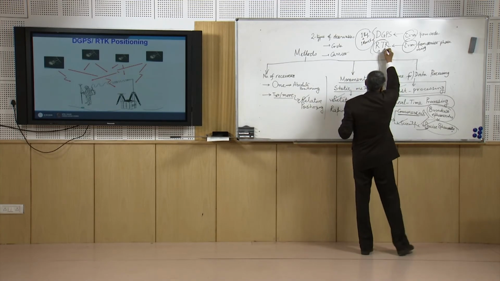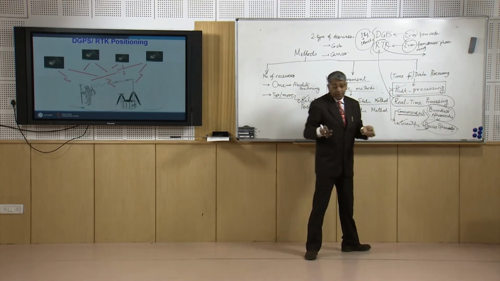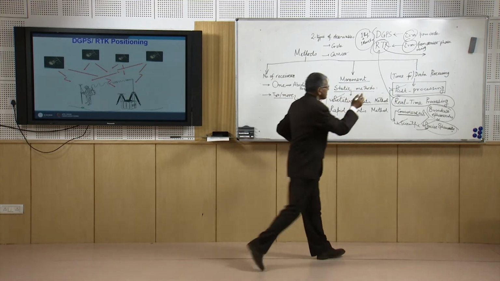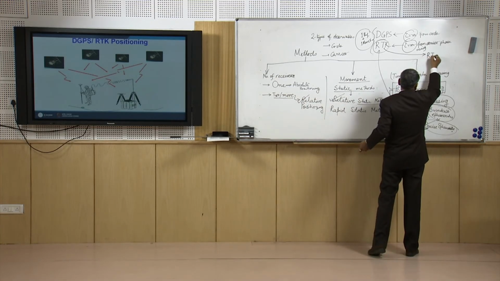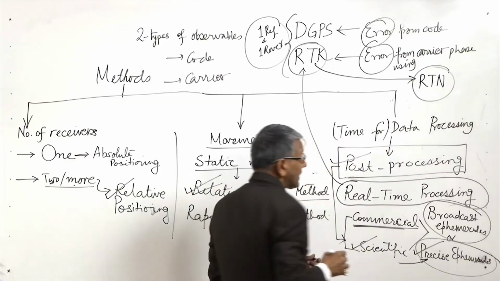There are so many other sophistications, but apart from DGPS and RTK, there is another variety of RTK which is coming up nowadays, that is called RTN, real time networking. Now, what is that?